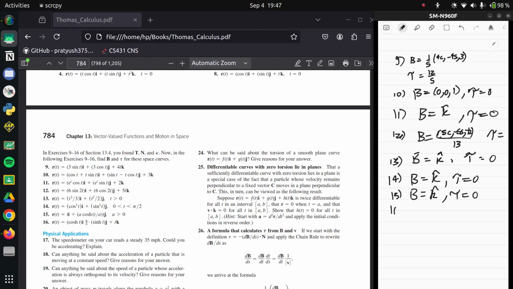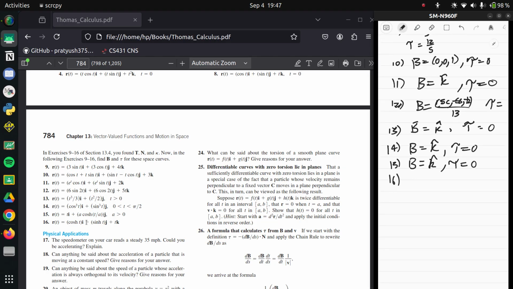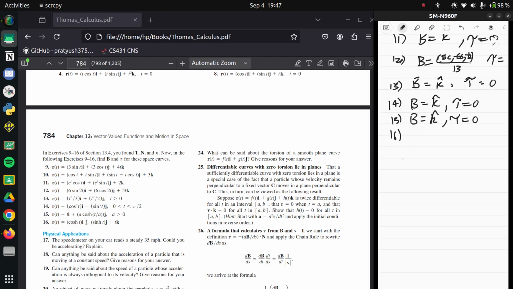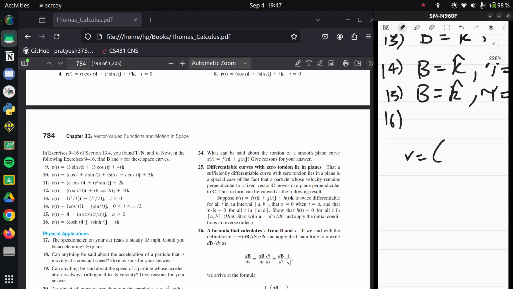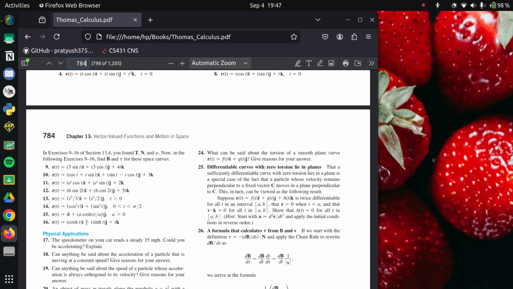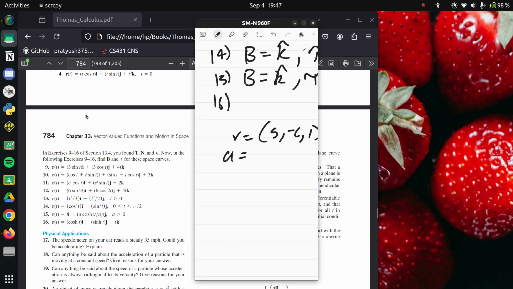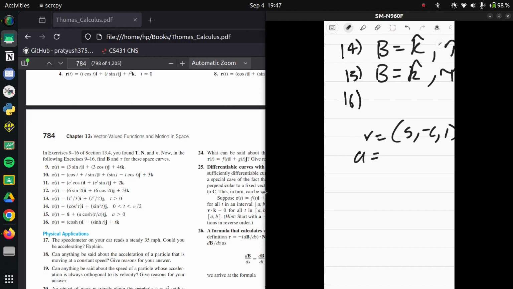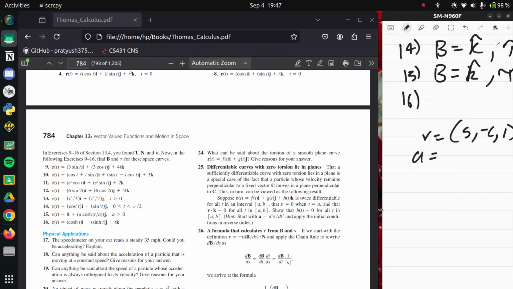What about 16th? At 16th you have cosine ht, minus sin ht, all that. So velocity is just sine, comma minus cosine, comma 1, and then your acceleration is just going to kill something. So your acceleration is what?